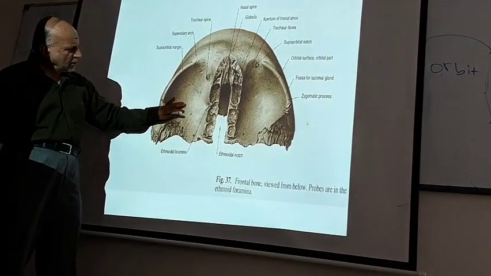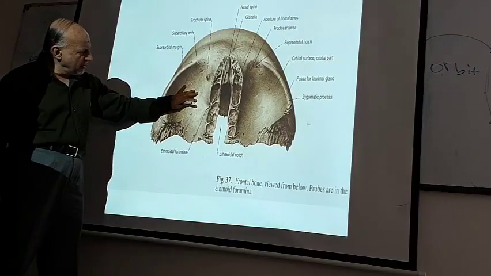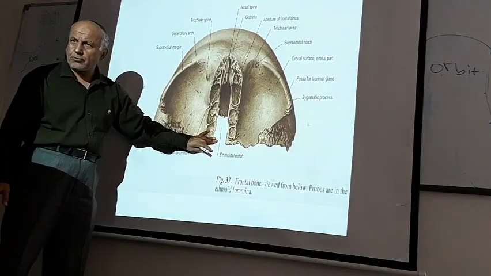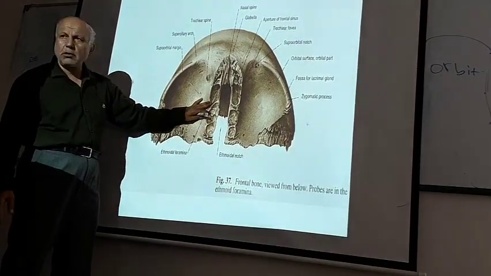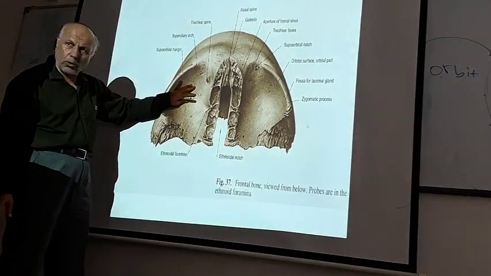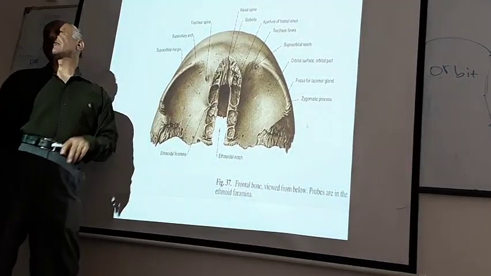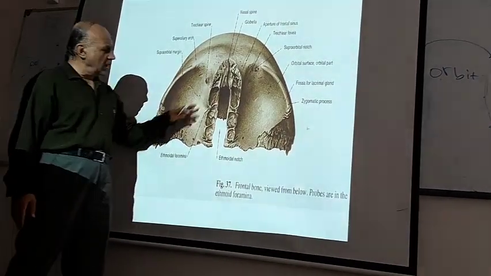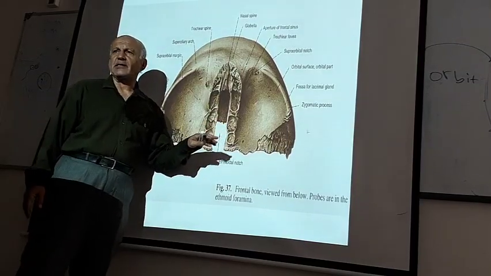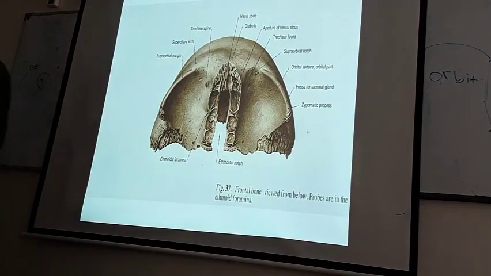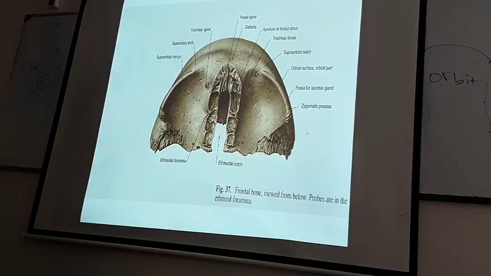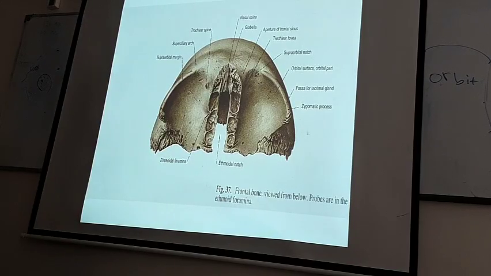The anterior ethmoidal canal relates the orbit to the cranium. The posterior ethmoidal canal relates the orbit to the nasal cavities. From these canals pass the anterior and posterior ethmoidal vessels and nerves.